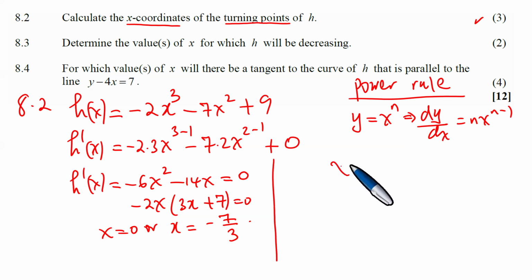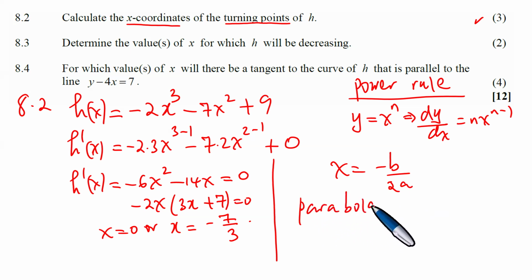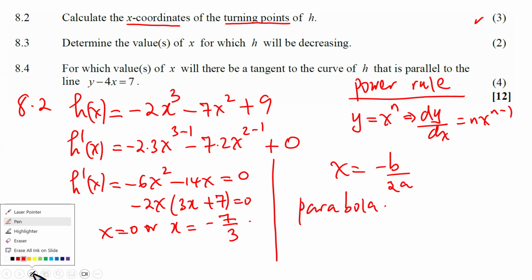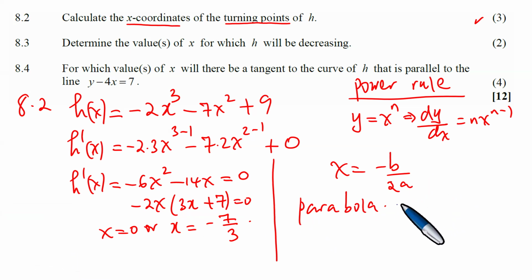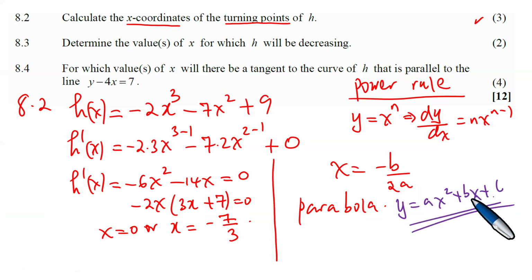Okay, if you use the formula x equals minus b over twice a, this formula is for a parabola. A parabola has the equation ax squared plus bx plus c, and therefore it only works if you have a quadratic function.